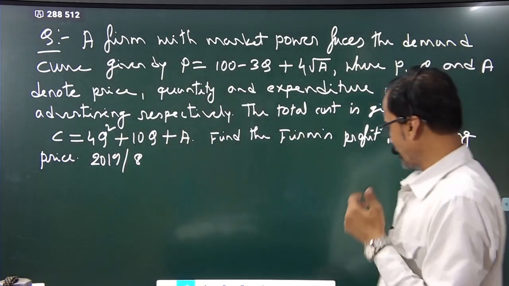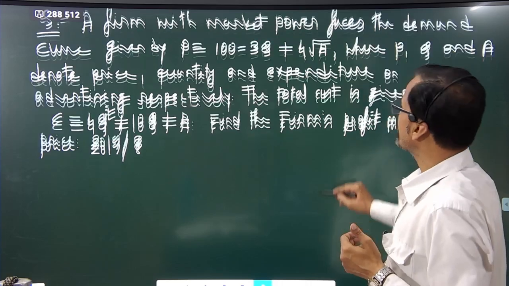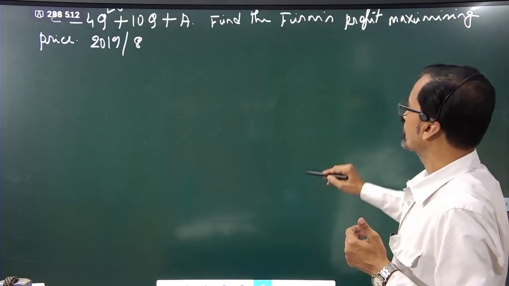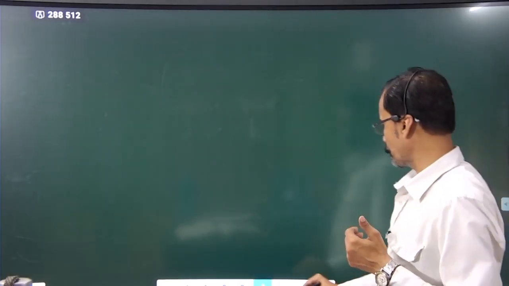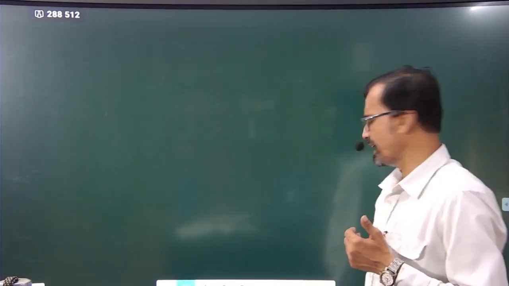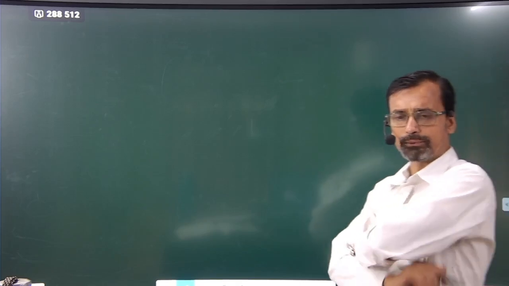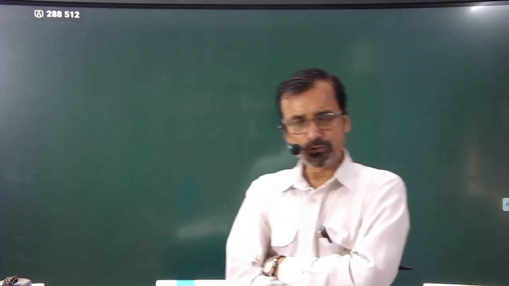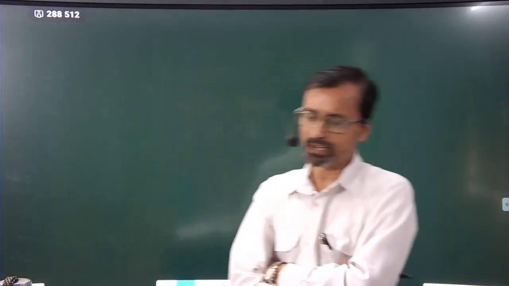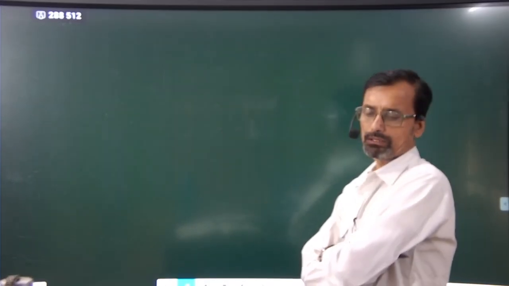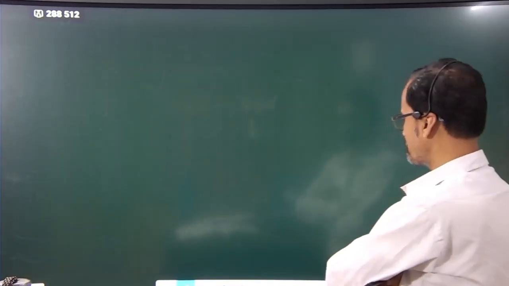Now, what happens when there is an advertisement cost? We need to understand that total revenue will be a function not only of the quantity of output produced, but also of the advertisement cost.